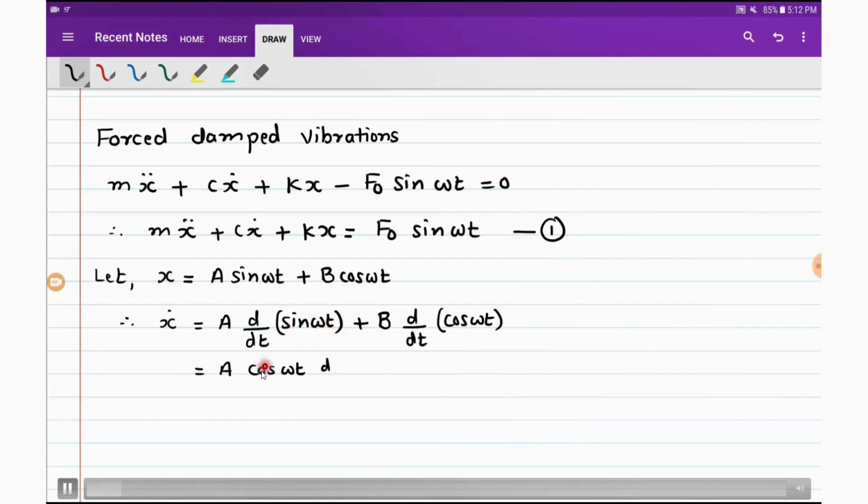The derivative of sine is cos, but since omega t is the argument, we have to differentiate the term omega t as well. So this is the chain rule. The derivative of cos is minus sine omega t, and again the derivative of the term omega t. Omega is a constant, so we can take it outside, and we have the derivative of t with respect to t, which is nothing but equal to 1.